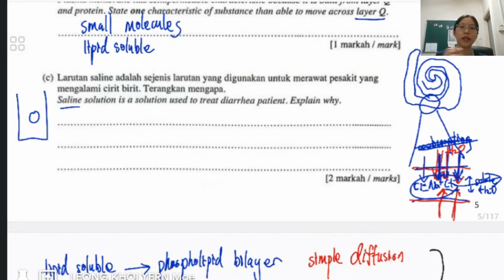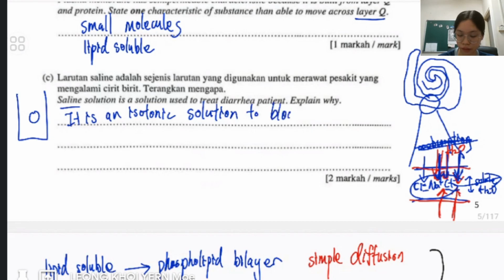So in biology, the way to describe this saline solution is that it is an isotonic solution to blood plasma. Alright.